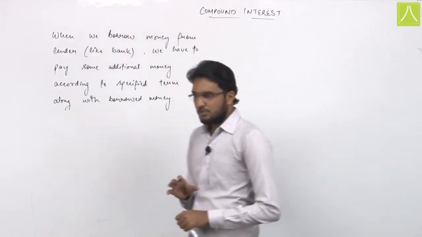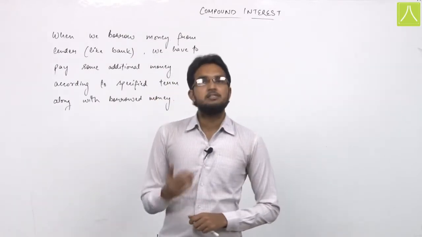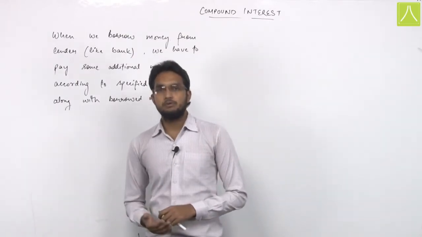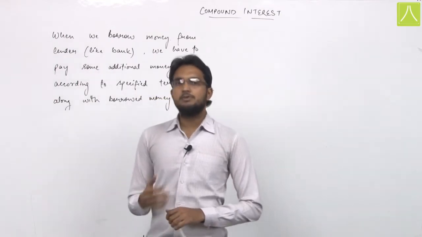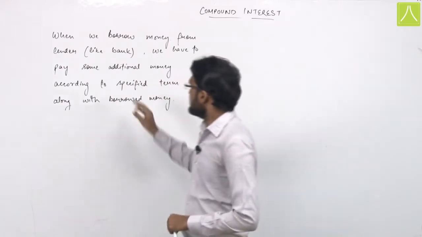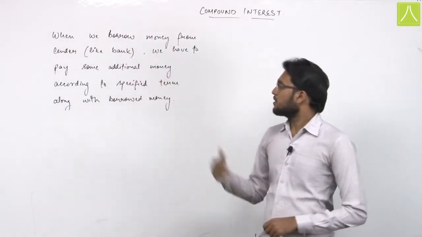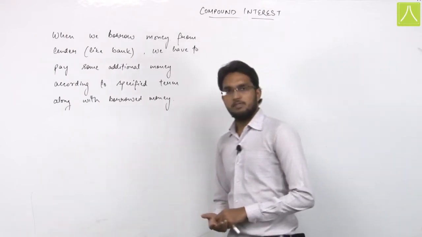First of all, let us see interest. Interest is the additional amount which we are going to pay to the lender. Suppose we have borrowed some money from the bank or from some personal loan. If we borrow money from a lender, that is a bank, we are going to pay some additional money according to the specified term along with the borrowed money.